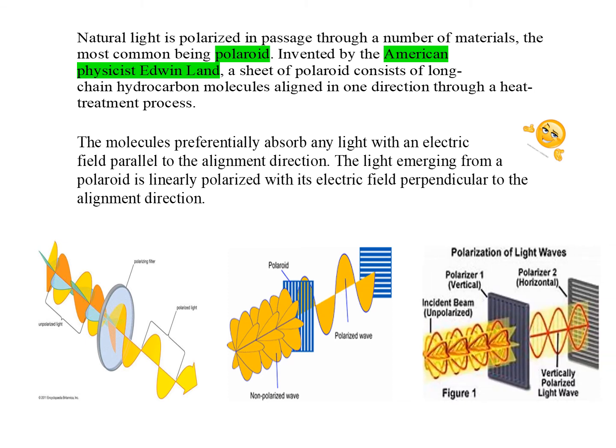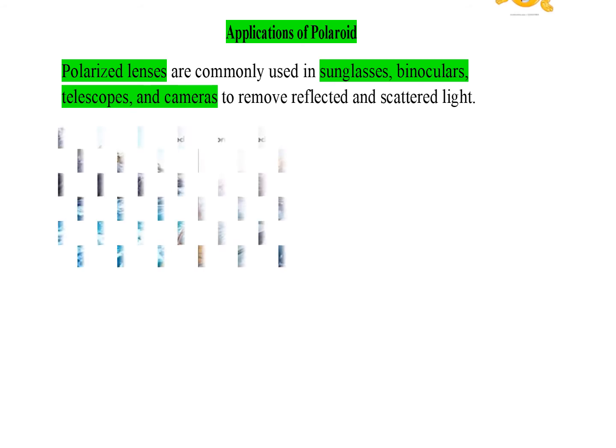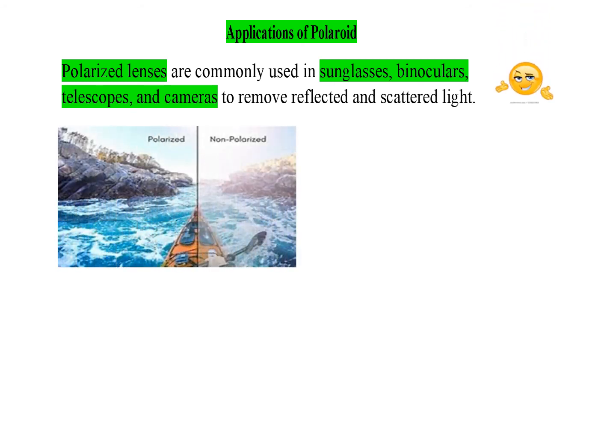These are a few pictures of the polarizer or the Polaroid. And why do we need to study these Polaroids? Let us see some applications for them. Polarized lenses are used in sunglasses, telescopes, binoculars, cameras, etc. to remove the reflected and the scattered light and give a smooth vision.